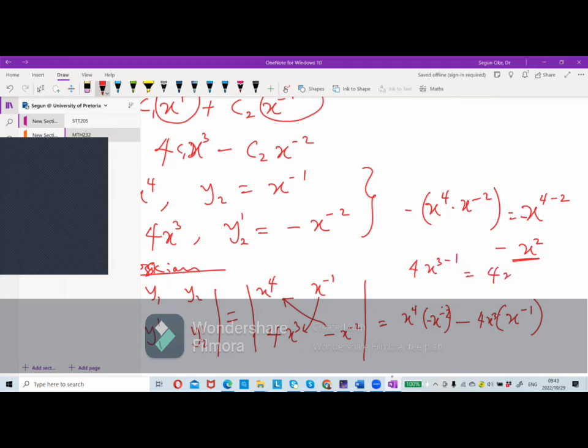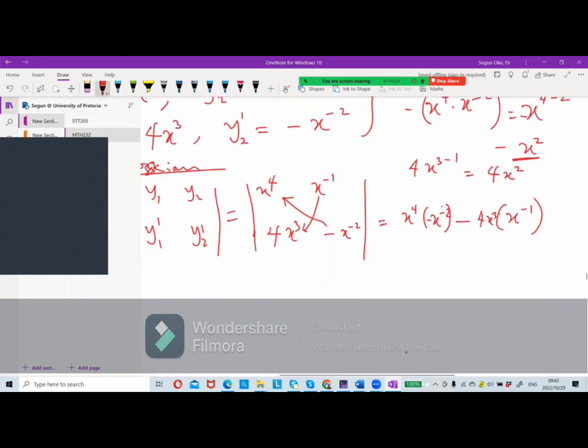So you have 4S raised to power 2. So we can say that we have minus S squared minus 4S raised to power what? 2. When you add it together, minus 5S squared. That is your W now.